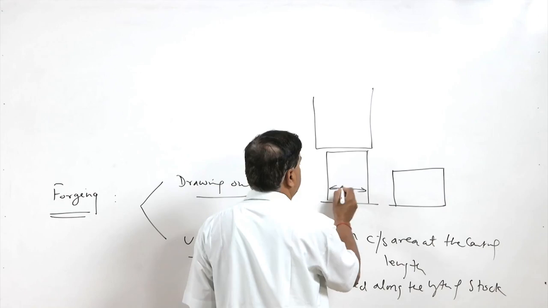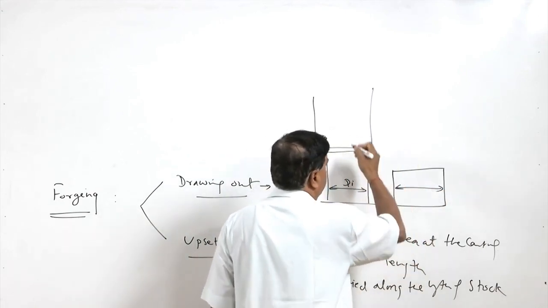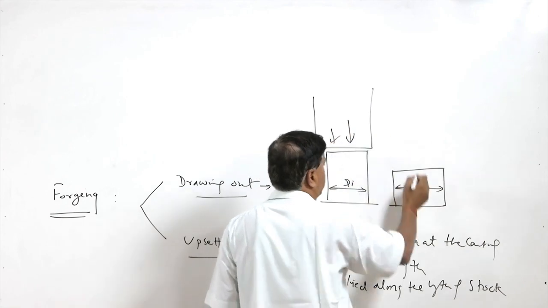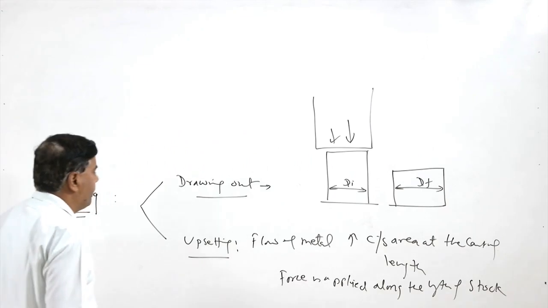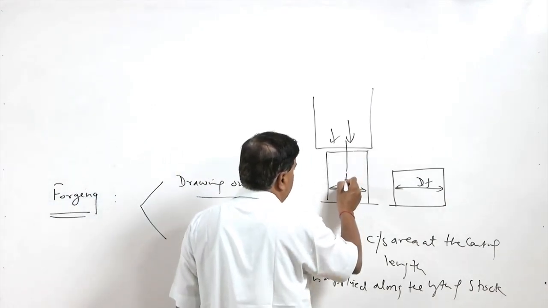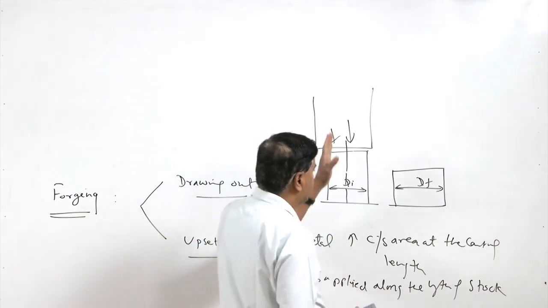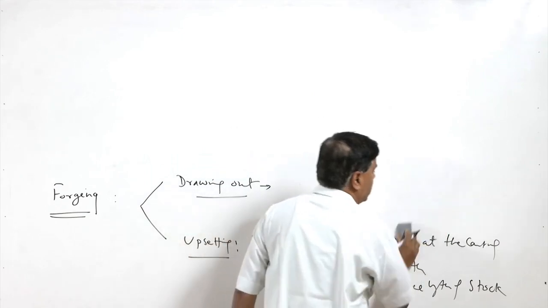Initially the diameter was di, and after the upsetting there is a significant increase in the diameter. So, this is what is called upsetting, and the force is applied in the length direction of the job. These are the two broad categories.